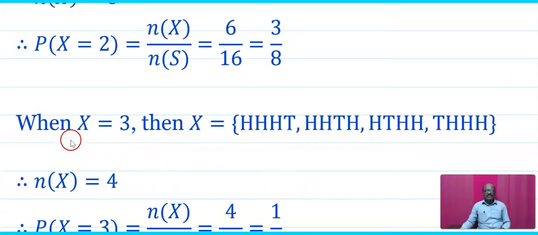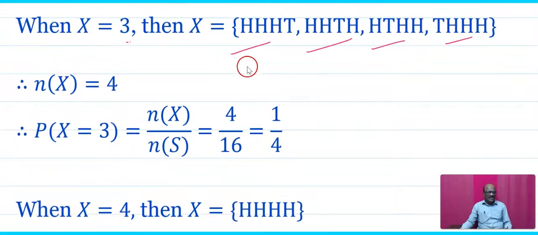Next, when capital X equals 3, that is 3 heads, then n of X is 4, as there are 4 elements in this set. P of capital X equals 3 is n of X upon n of S, which is 4 upon 16, that is equal to 1 by 4.